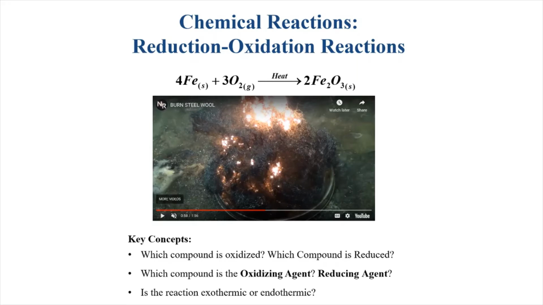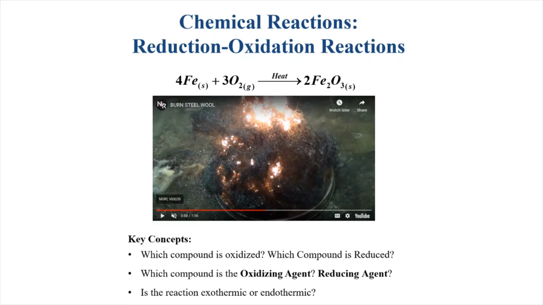So when you have a reduction, that means you've gained electrons. When you have an oxidation, that means you've lost electrons. Now, oxidizing and reducing agents are basically a statement that says that this particular reactant either causes oxidation or causes reduction in the other reactant.